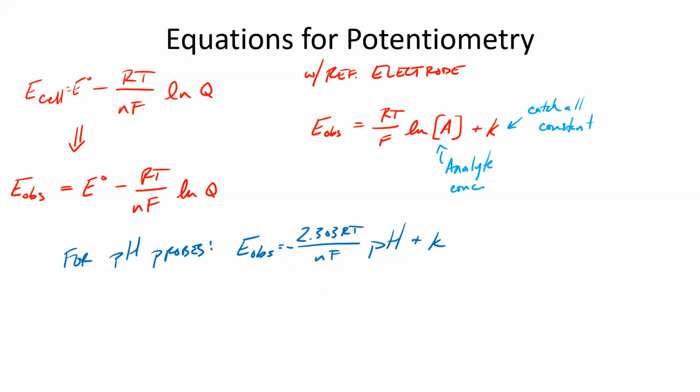The reason why they show you this is because a lot of instrument manufacturers that don't take into account temperature do just say, okay, so pH should increase at 57 millivolts for every pH unit. And that's at 25 degrees C, that's in pure water.